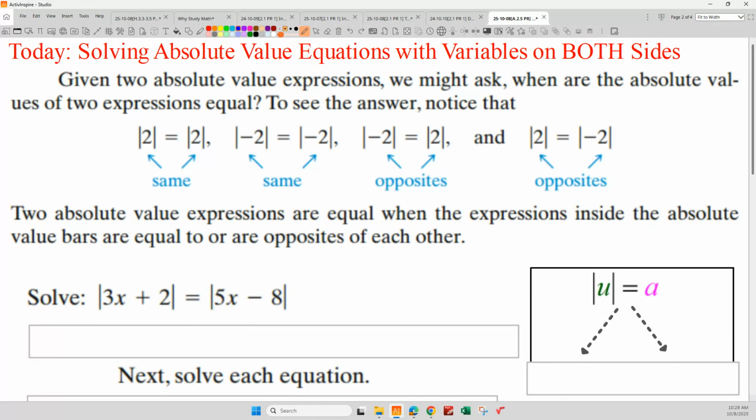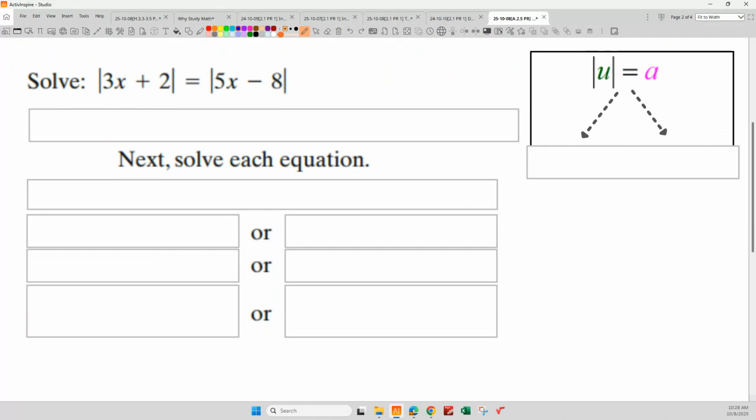Agreed? The first two cases, they were the same on both sides. The last two cases, the numbers inside were actually opposites, but the absolute value bars protected them and made them all positive, right? Okay, so then when I'm splitting this, what does that mean? How is this going to split into two separate equations? What do you think?